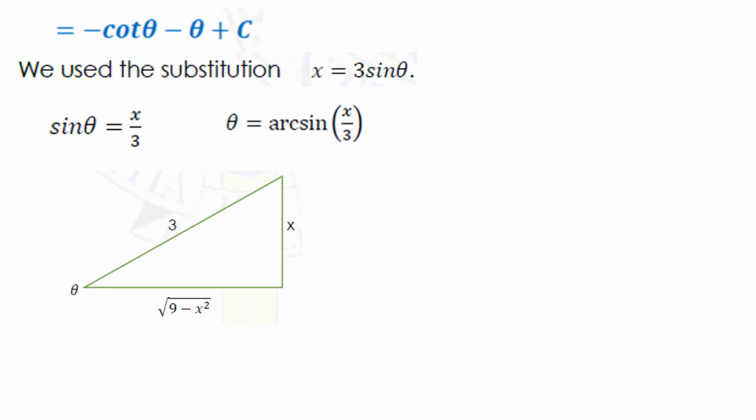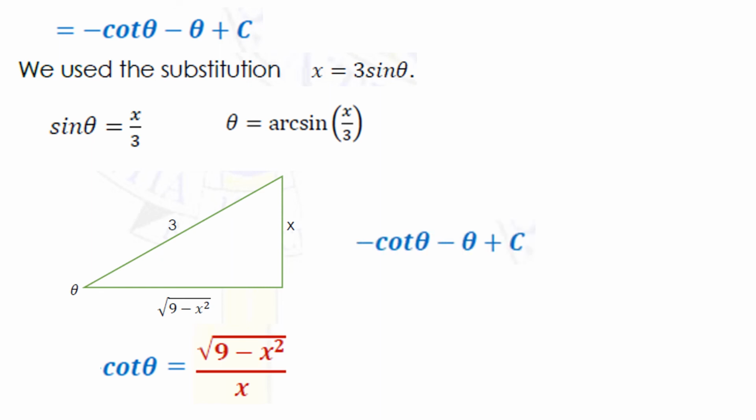If we look into the triangle, if we solve for the cotangent of theta, which is a ratio of the adjacent side over the opposite side, we get the square root of 9 minus x squared over x.